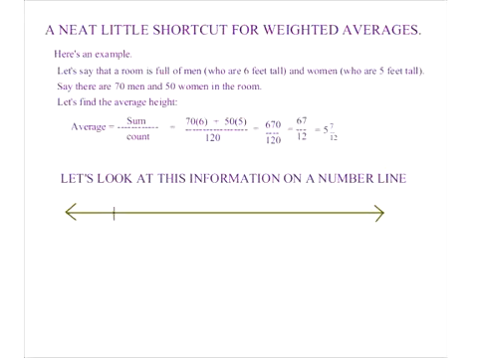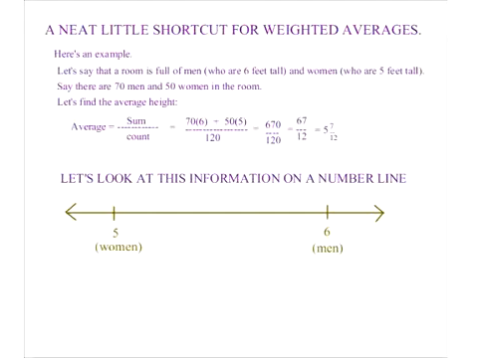On a number line, you can plot the following quantities. You can plot your women's height. This is 5 foot. This is the women's height. And on the number line, you can also plot the men's height. And let's plot the weighted average.